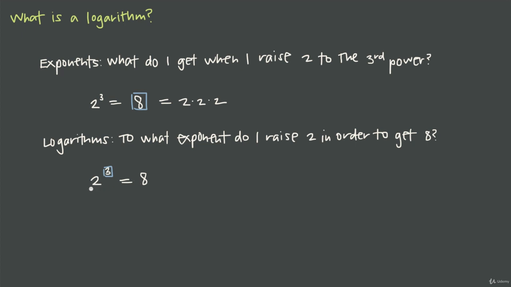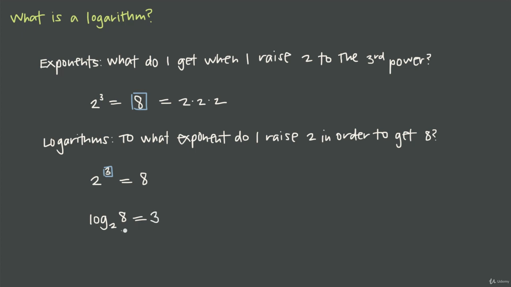Well, to change this into a log equation, we write it this way. We say log, which is short for logarithm, to the base 2, so we write 2 as a little subscript, a small number that sits just beneath this log notation. So log base 2 of 8 is equal to 3.